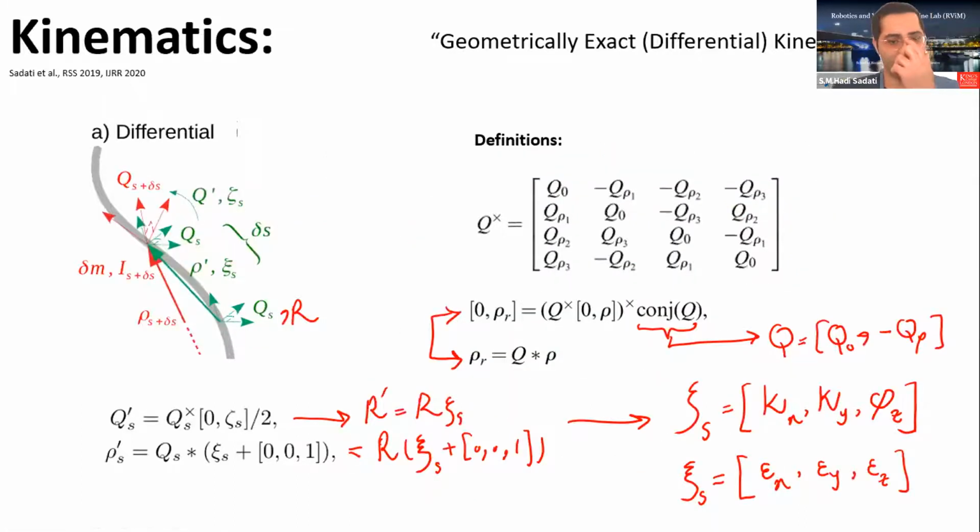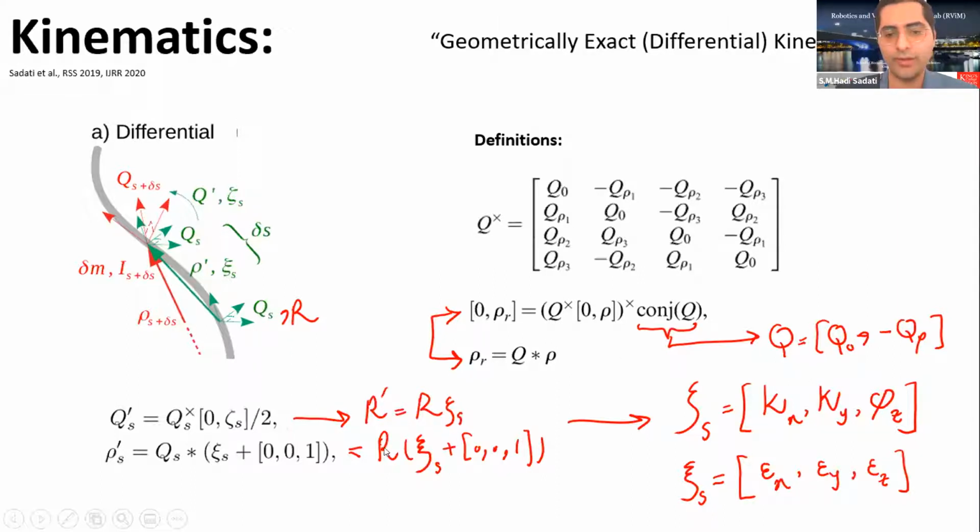A bit of theory, I'm going to wrap it up fast. I use quaternions. I define the quaternion multiplication and quaternion rotation as presented in the standard textbook, and introduced the cross superscript and asterisk sign to summarize the relations.